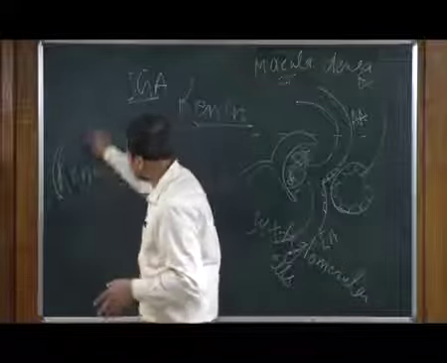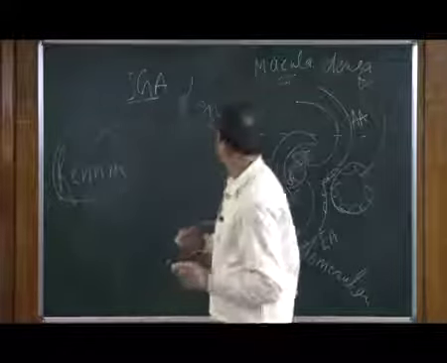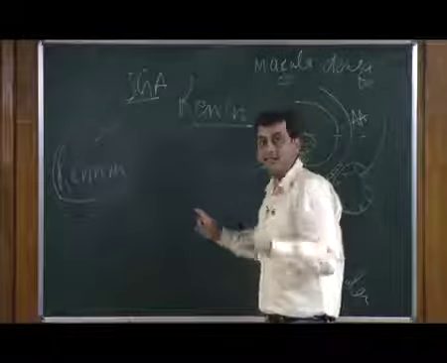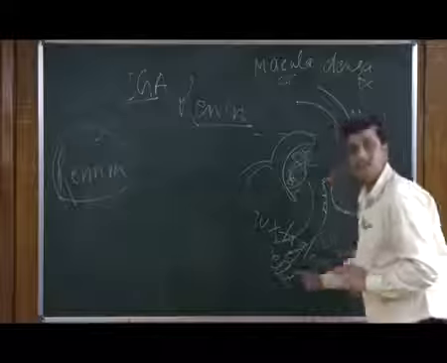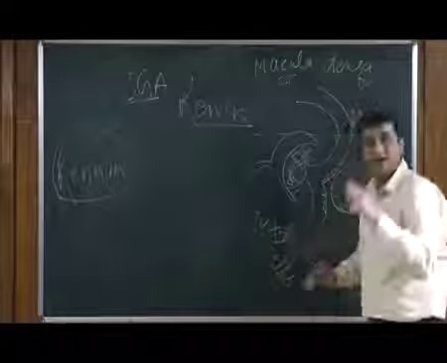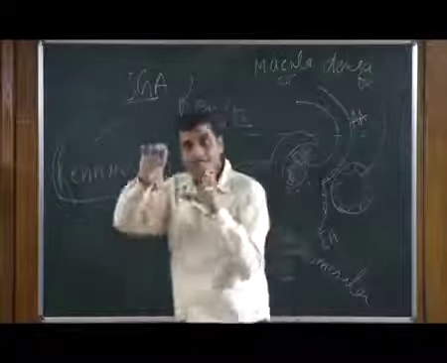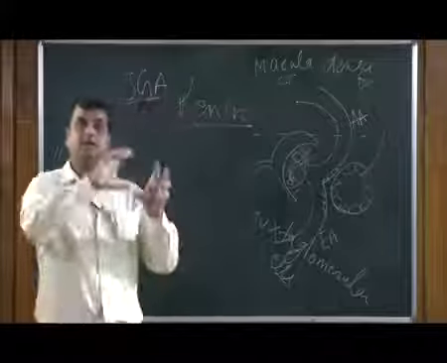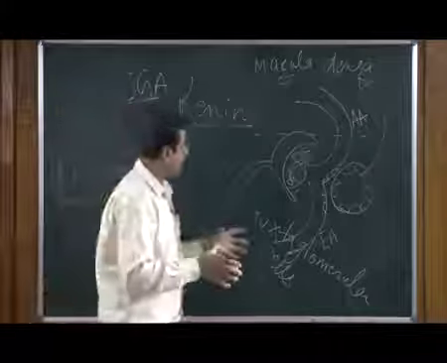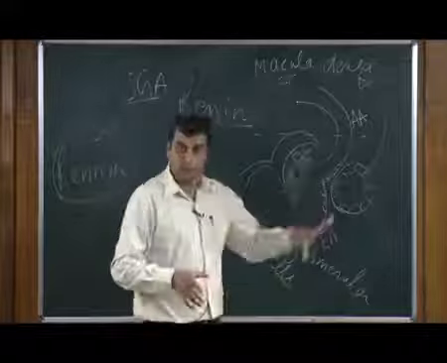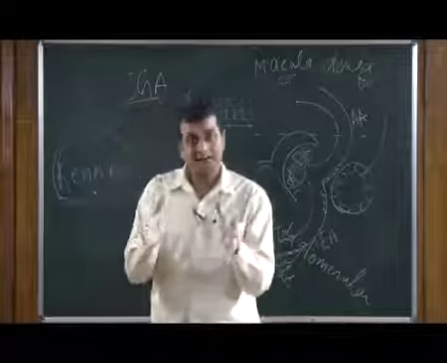This should not be confused with this renin, which is secreted by juxtaglomerular cells in the area of the nephron, in the area of the afferent and efferent arteriole. These are the modified cells in order to control the blood flow towards the glomerular area.